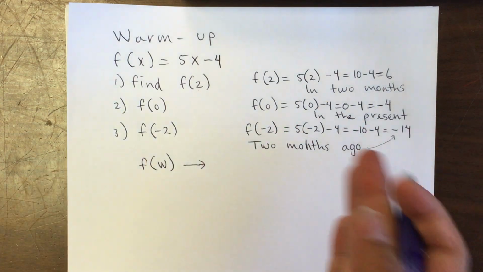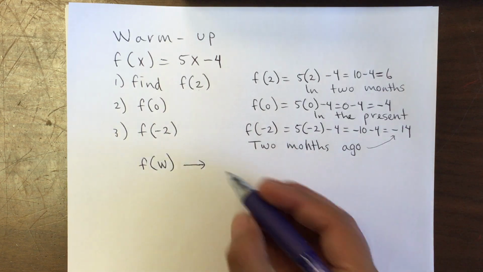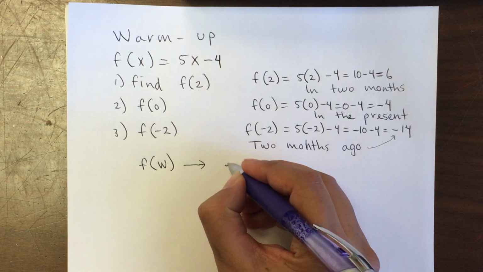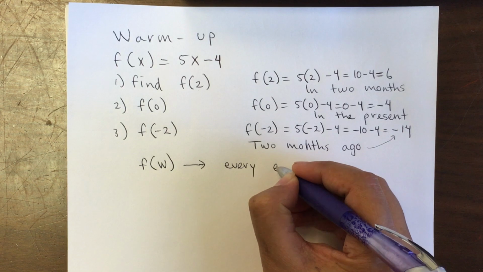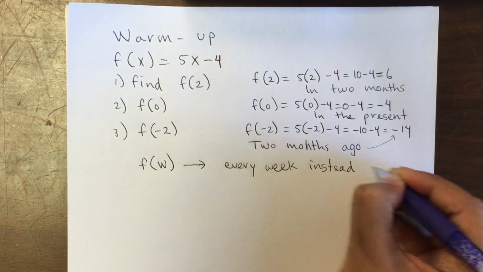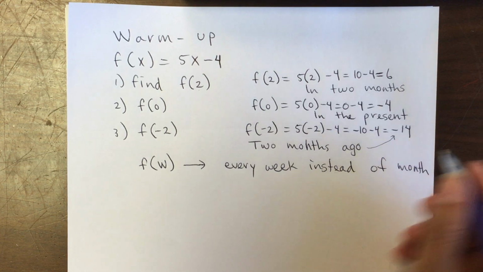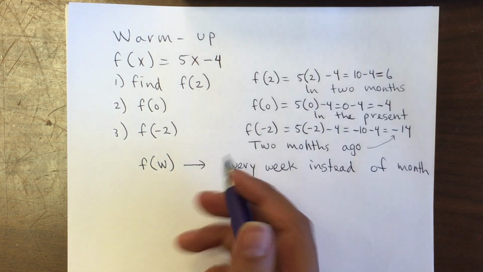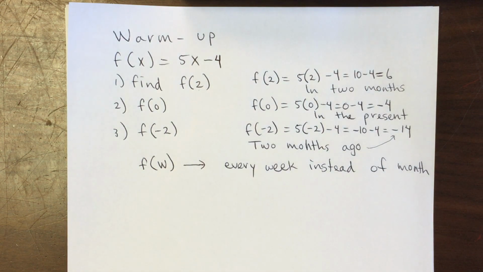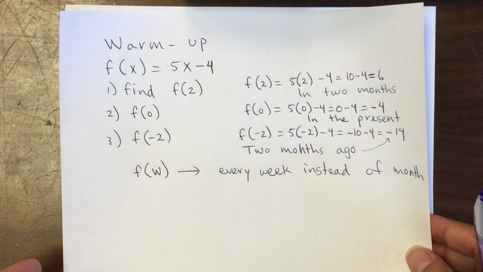How often it's happening is not every 2 months, not every month, but every week, instead of month. Or you might say f of y to say every year. So that's what happens when you're changing the variable.